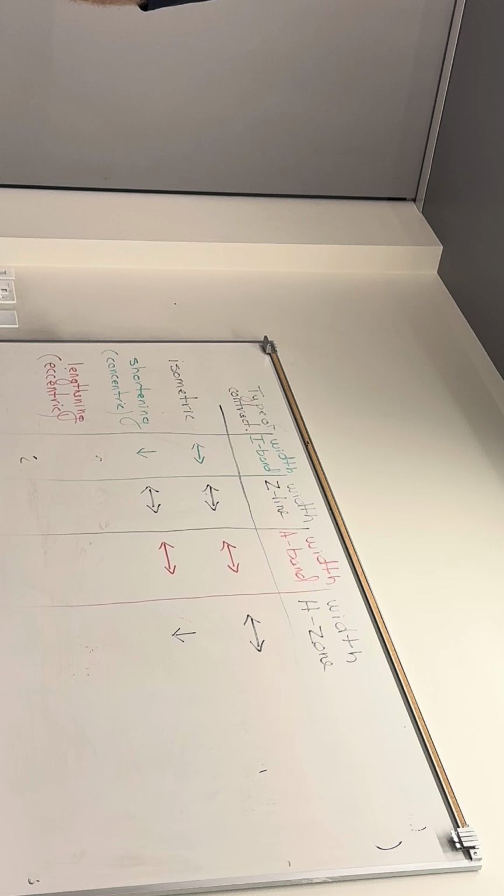Hopefully you tell me isometric, because my muscle's on, but it's not changing its length right now. I come along and now I lower it down. My muscle's on the entire time I lower it. What's happening to the muscle fibers? Lengthening. They're getting longer, right?